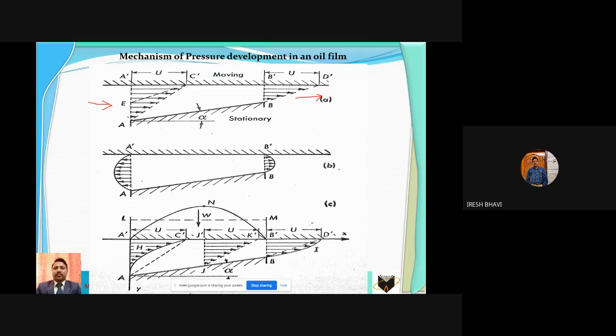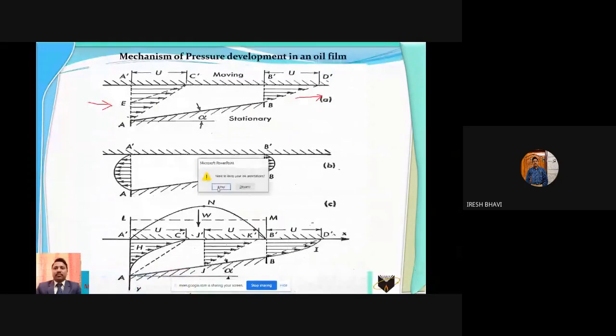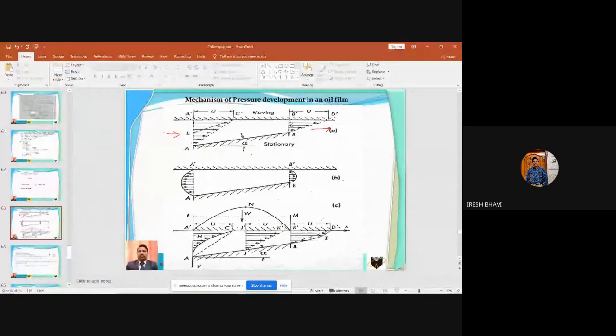The volume of the liquid that is entering is equal to A C dash A dash, and the volume of the fluid which is leaving this section, that is B dash, is equal to B D dash B dash. And you can see here that A C dash A dash is larger than B D dash B dash.